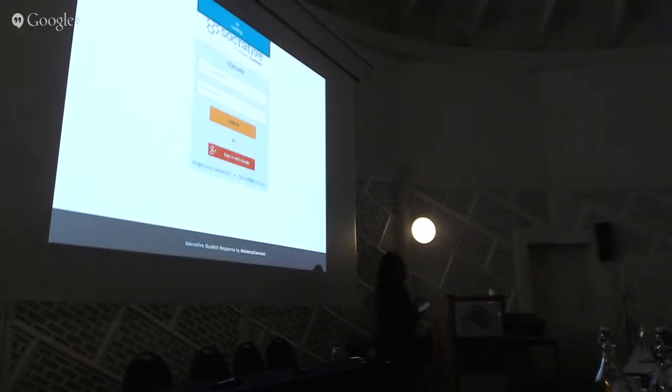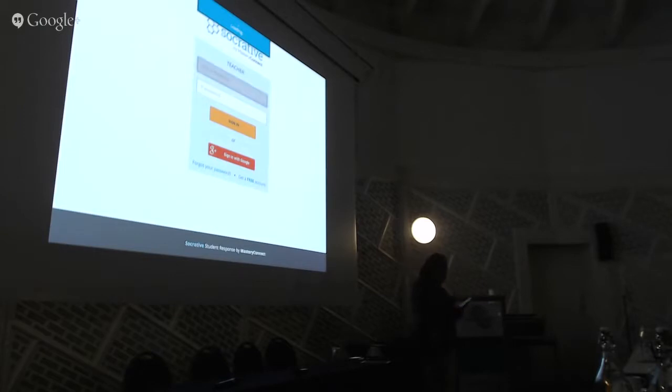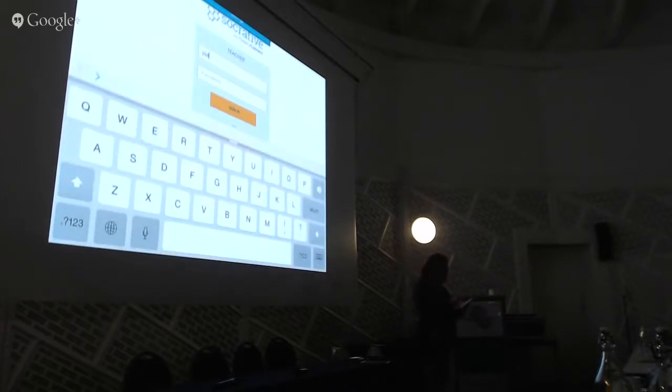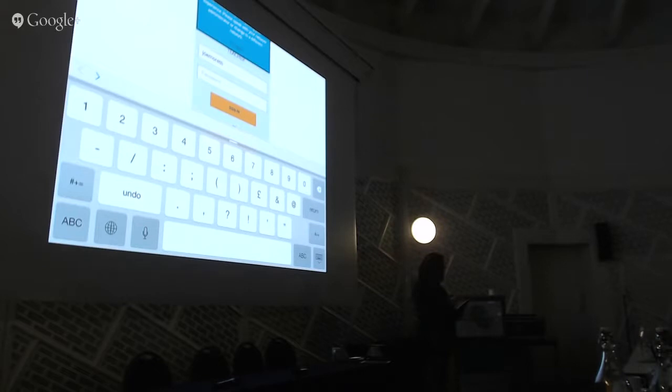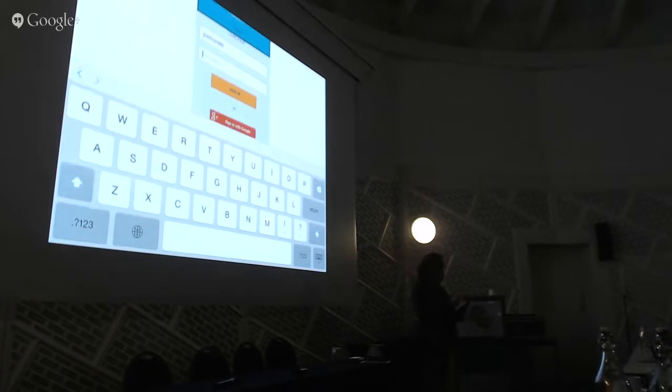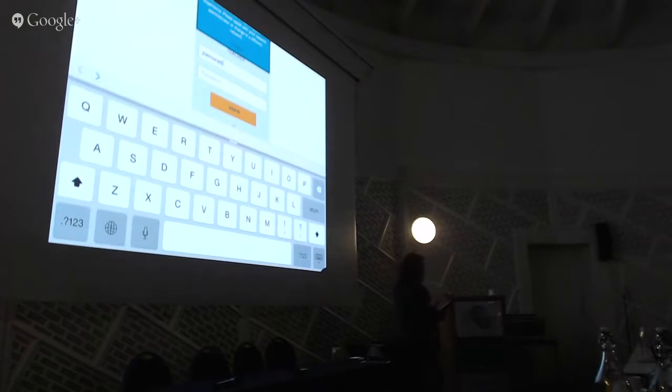So I'm using the teacher app, but you can do this through your PC, through your Mac, or indeed through the teacher application. So I'm just literally signing in here. We're trying to. See, it's giving me a fair amount of grief just signing in at the moment, but we'll give it a go anyway. Okay.